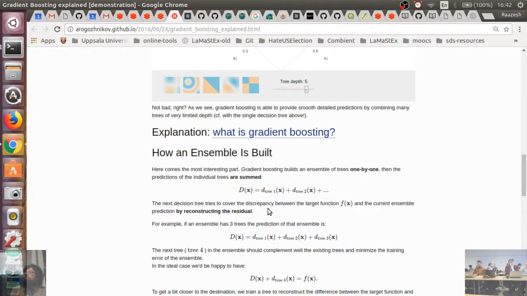So the next decision tree is always going after what was not explained by all the decision trees up to now, right? So it's sort of hunting the unexplained. It decomposes the underlying function into this very nice form. That's basically the main idea.